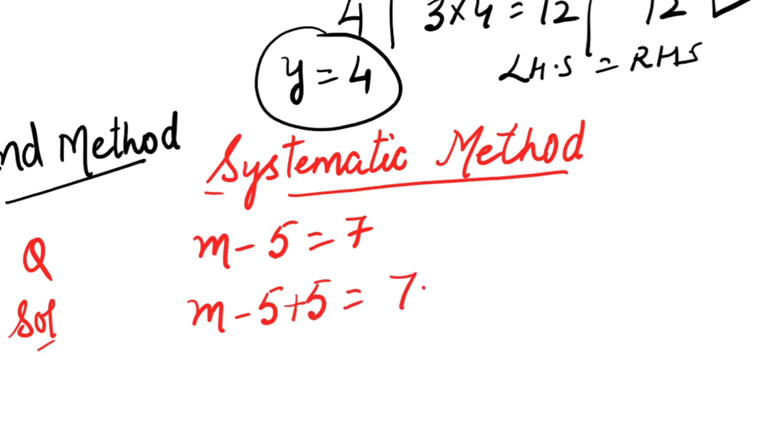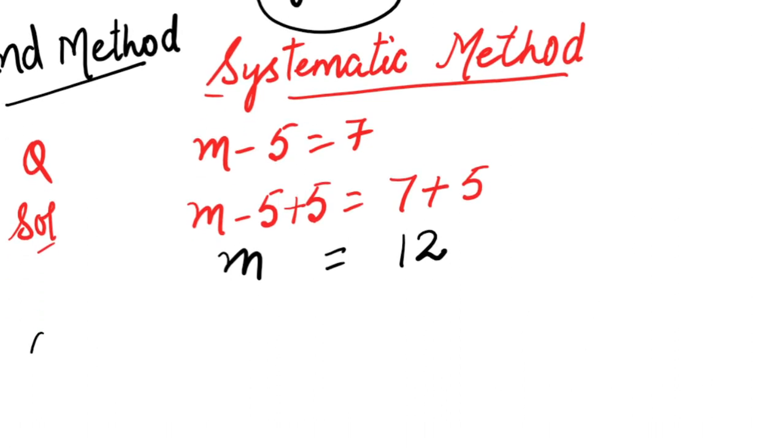So I'll add 5 to both sides. So 5 minus 5 is 0. This is cancelled. 7 plus 5 is equal to 12. So we can say here the value of m is 12. This is the solution of the given equation.